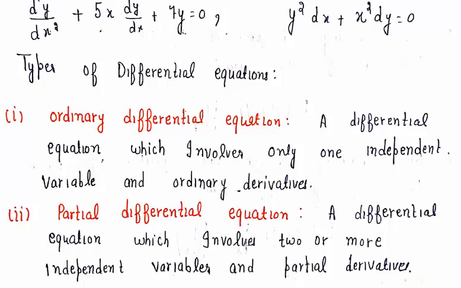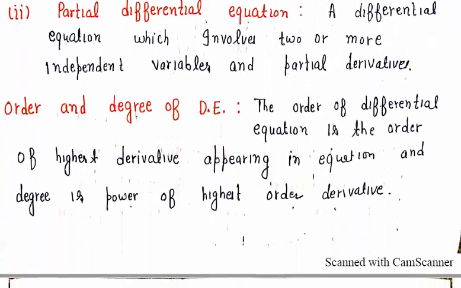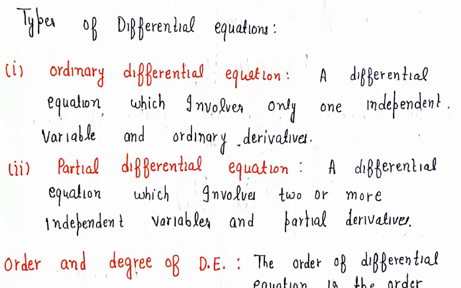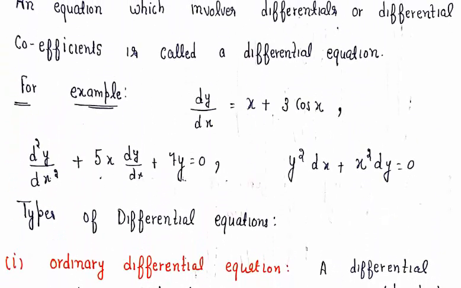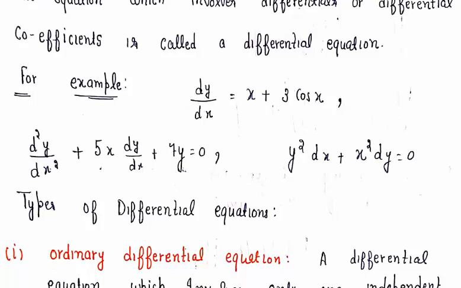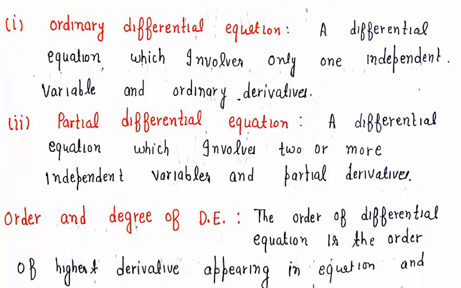So if the equation involves partial derivatives, then the equation is known as a partial differential equation. So first we discussed the differential equation, meaning an equation which involves a derivative or differential coefficient. Then two types: ordinary means the differential equation which involves ordinary derivatives, and partial means which involves partial derivatives.